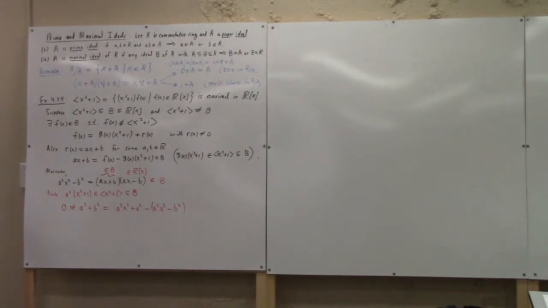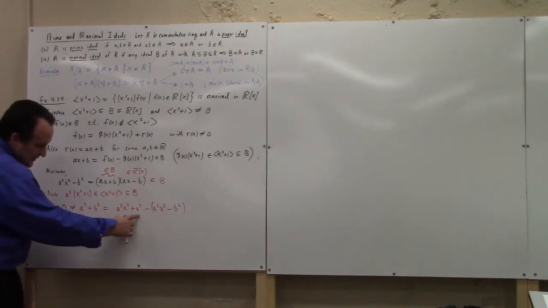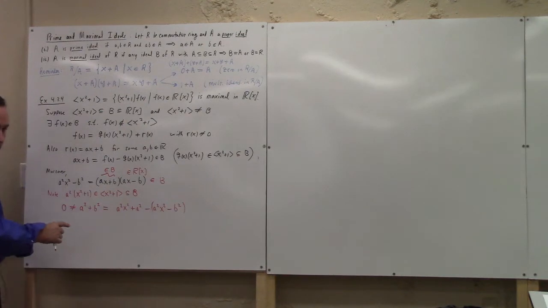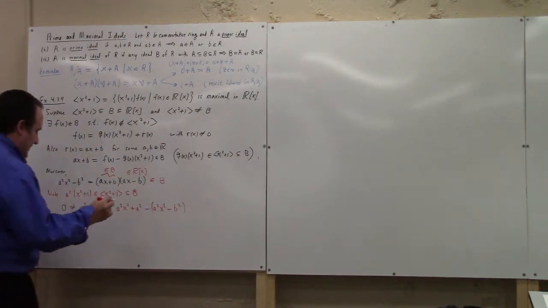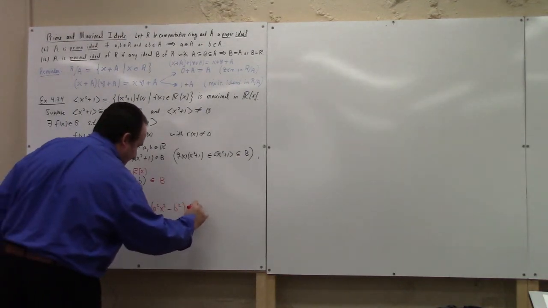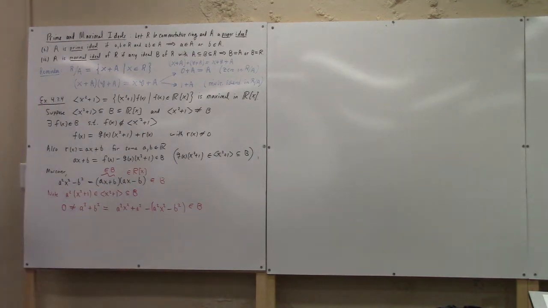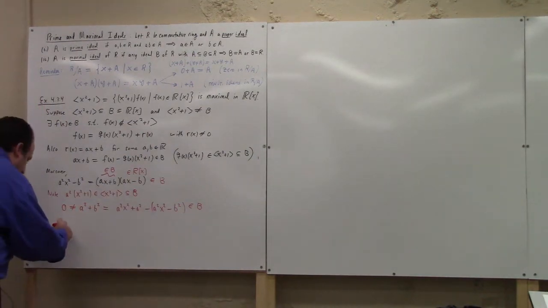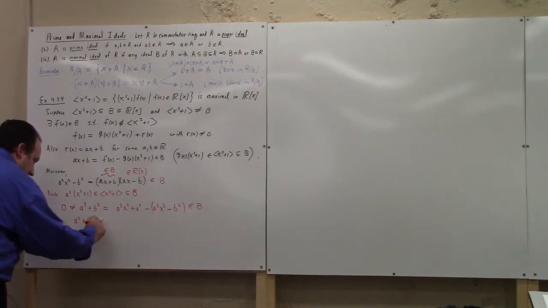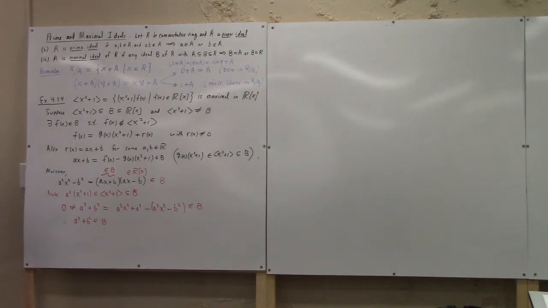So what we're looking at, though, is this is in B, and that is in B. So the difference of things in the ideal is again in the ideal, right? So therefore, a squared plus b squared is an element of the ideal. All right? And that's a non-zero constant.